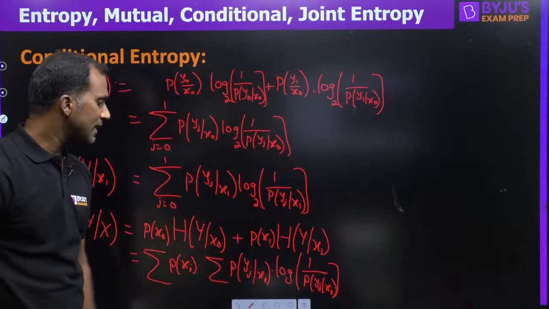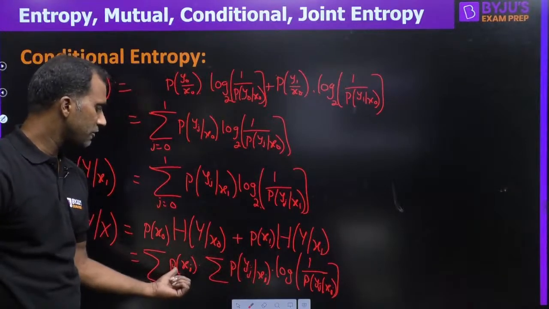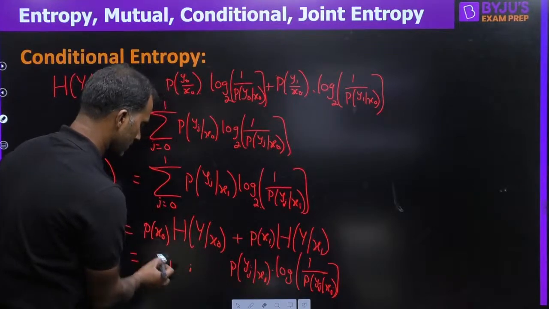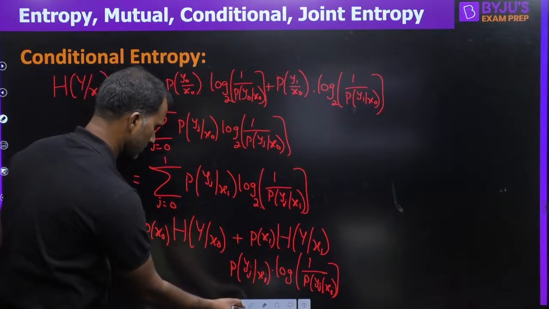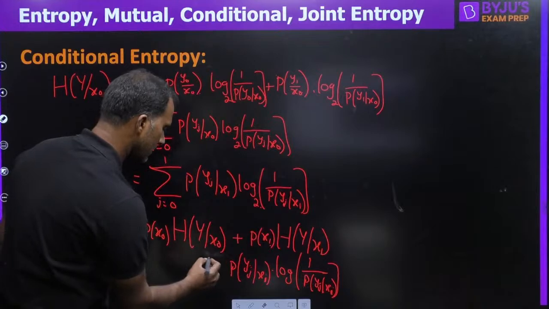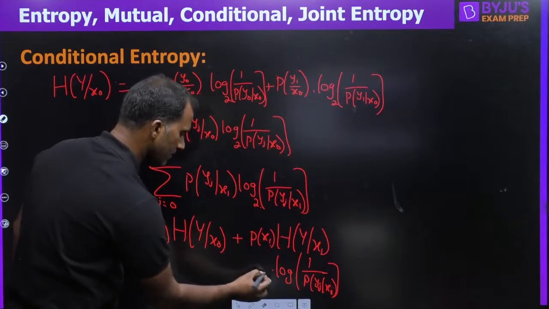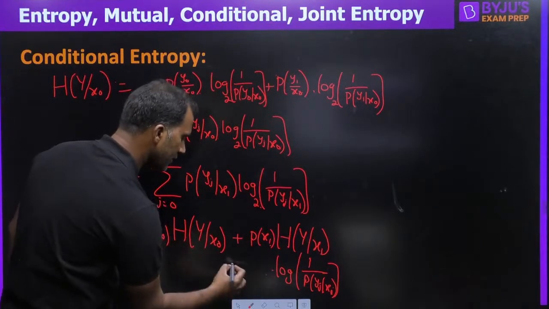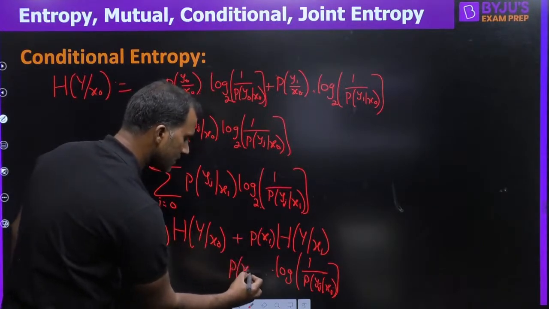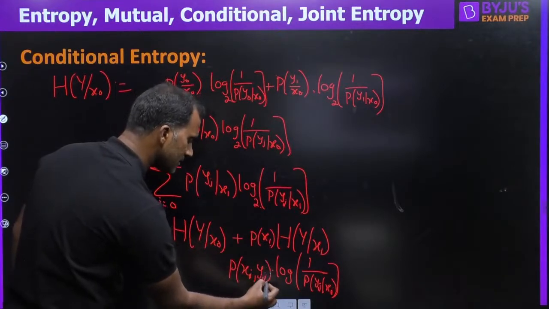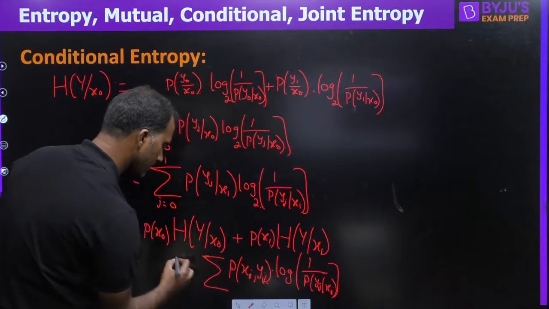If you multiply these two, you get the intersection probability. P of y given x into P of x gives the intersection probability. Just trying to finish it off in this step: P of xi comma yj, or intersection yj, double summation.